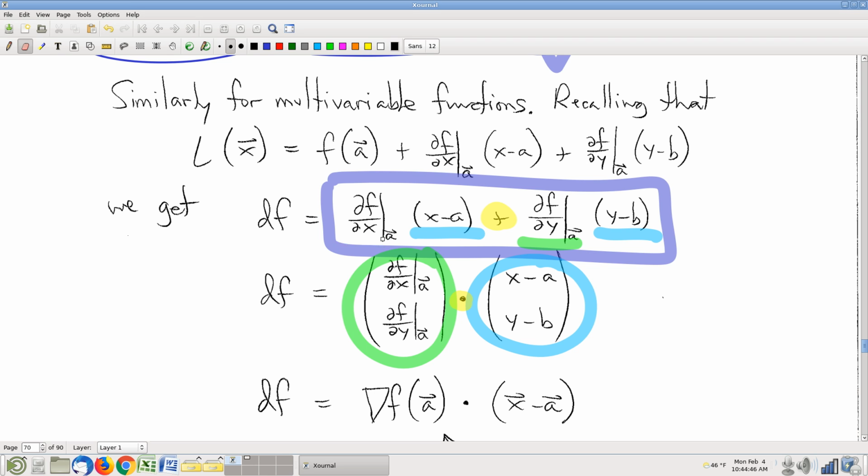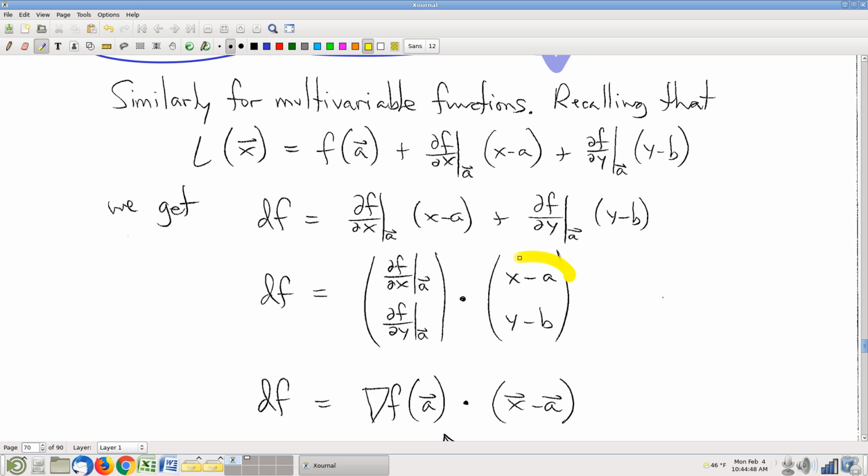Now I will point out though that this thing here is a pretty natural thing to talk about. x minus a, y minus b. Let me remind you what our picture is. We've got some domain here. We've got some point here, a comma b, and some point over here near which we want to estimate the function, x comma y, and the function's got real values.